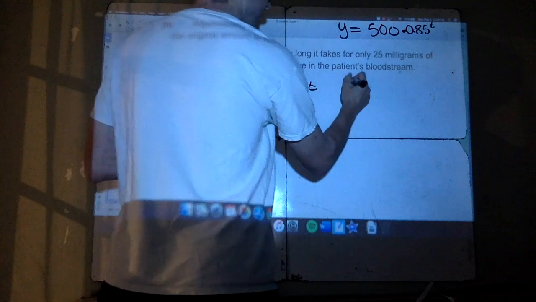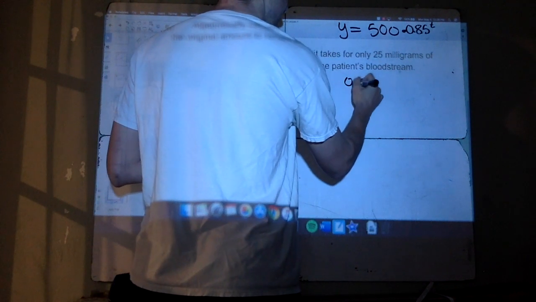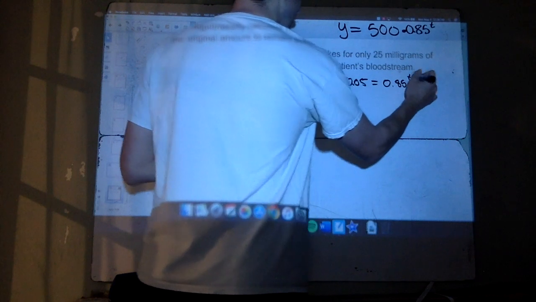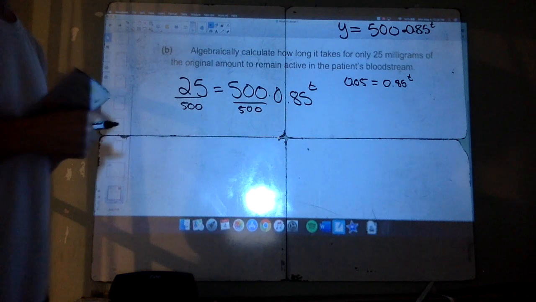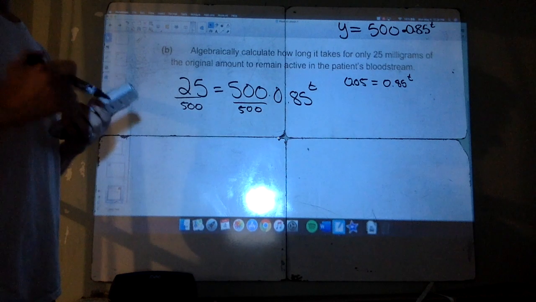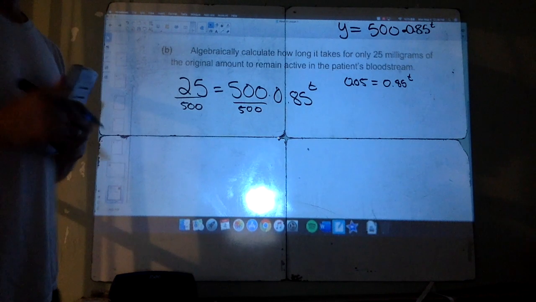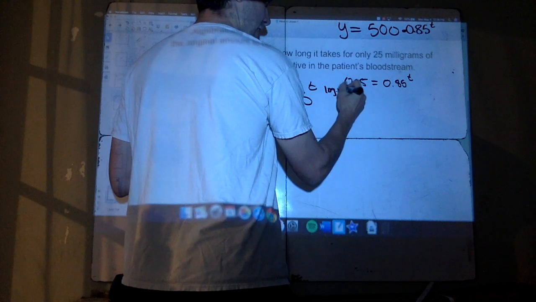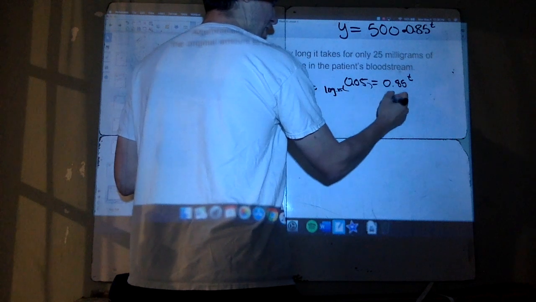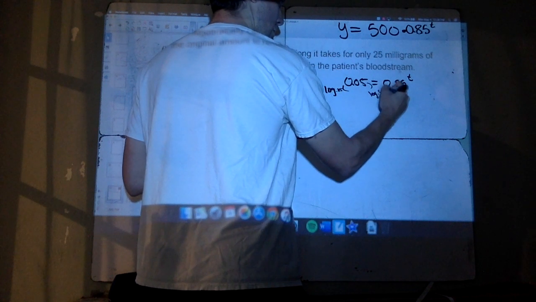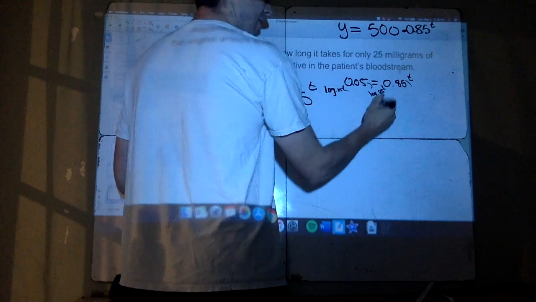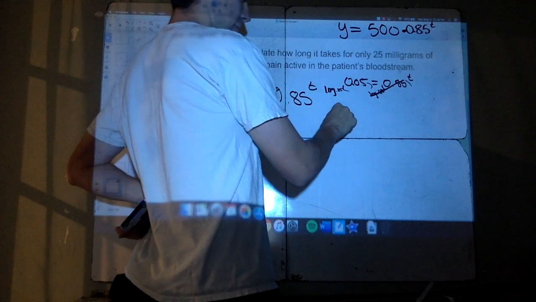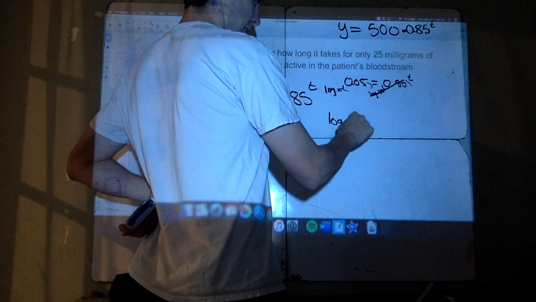So we get 0.05 equals 0.85 to the t. Now we're going to use our logarithm properties. We're going to take the log base 0.85 of both sides. And these are going to get rid of each other. So we have this exact answer.